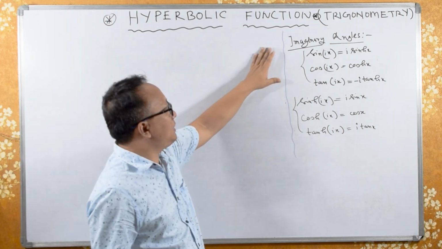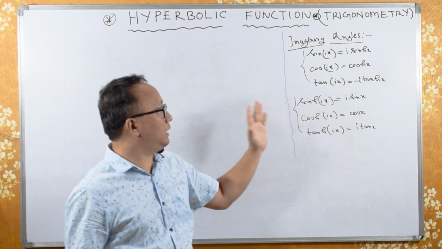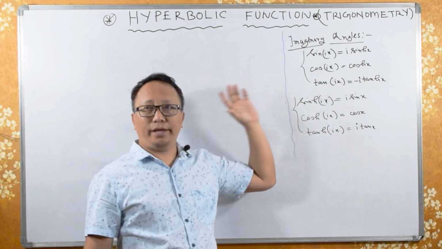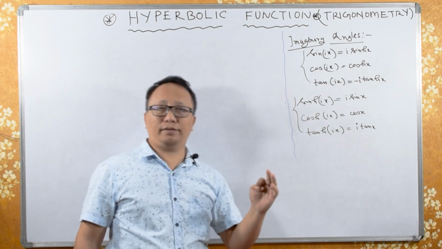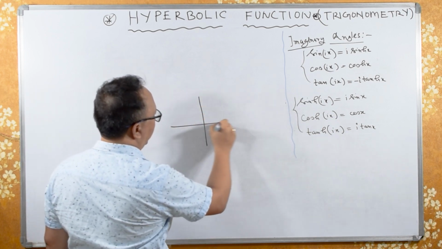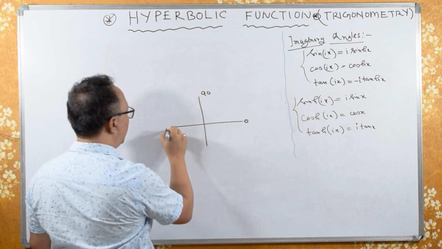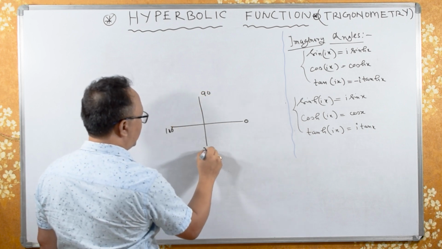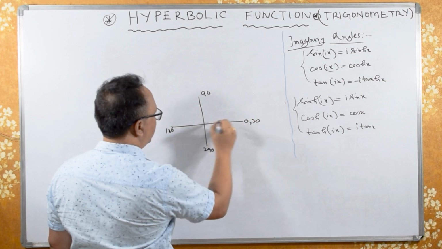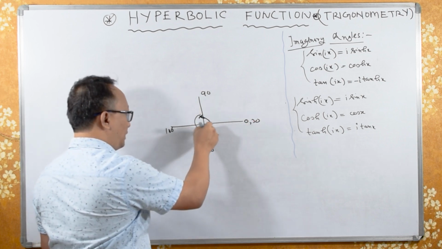Now let's say these are imaginary angles. What are imaginary angles? We have angles like 30 degree, 45 degree, and from 0, 90, 180, 270 and 360, and 360 again.